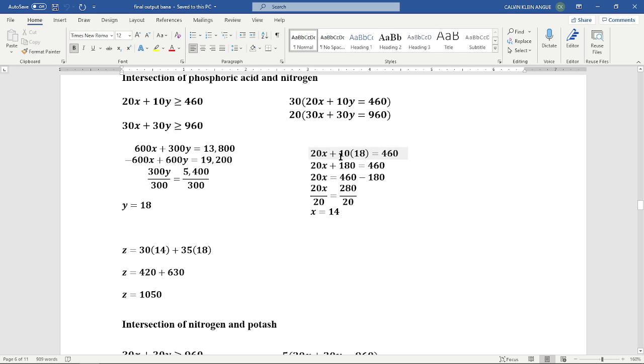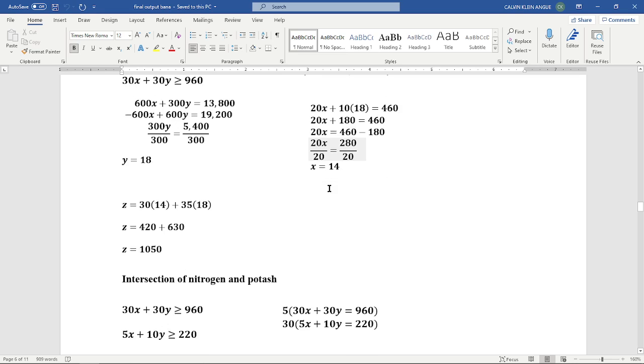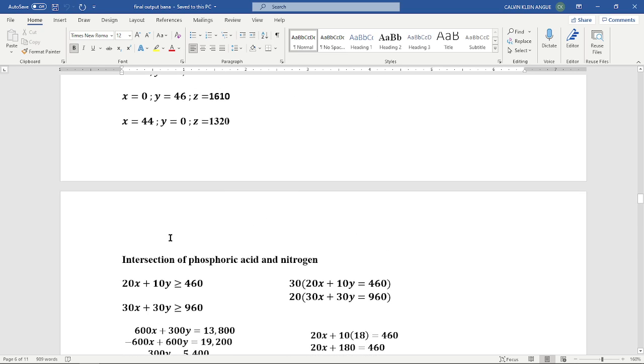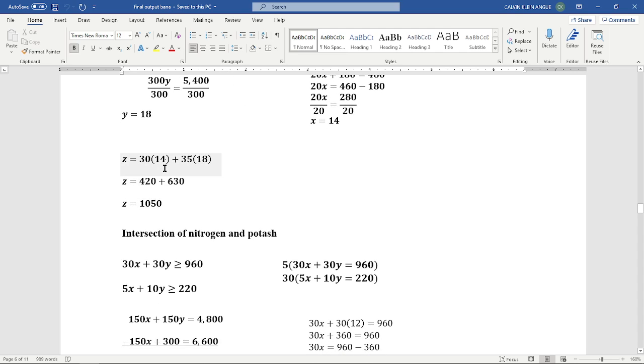Then you just need to substitute the y in these constraints. 10 times 18 will be equals to 180. Then you just transpose it. 460 minus 180 will be equals to 280. Then just divide it. Then x will be equals to 14. Then just substitute into our objective function. 30 times 14 plus 35 times 18. So 420 plus 630 will be equals to 1050.